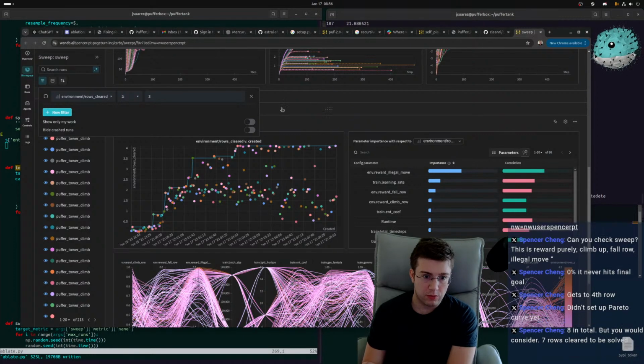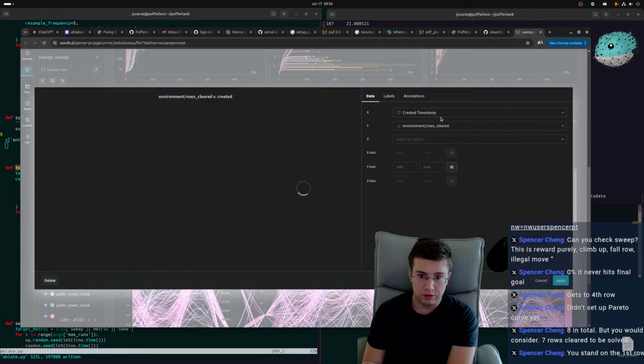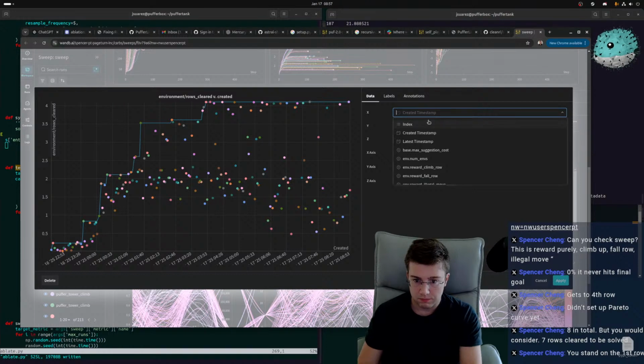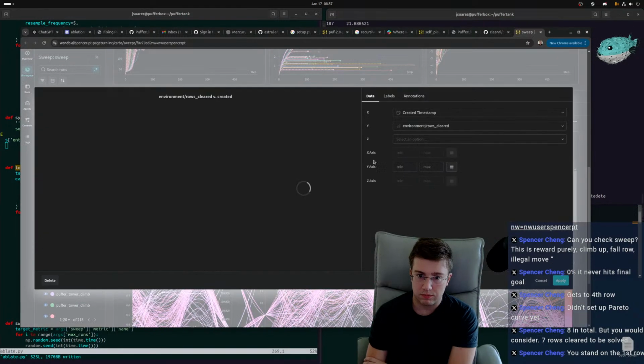Let me show you, by the way, real quick. When you say you have to set up Pareto front, you literally just do this. Well, if the UI doesn't break.